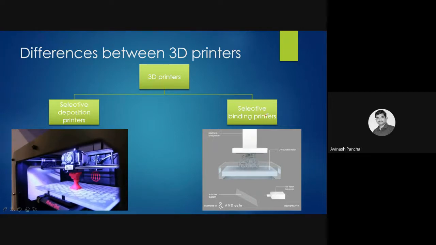And here we can see the selective binding printers. It has a different kind of structure, with a UV laser and scanner systems creating this mechanism. That we will see in detail.